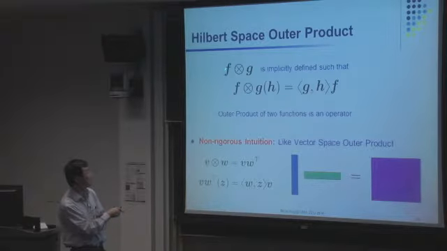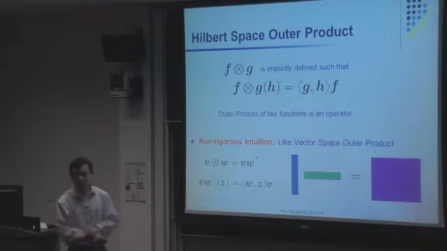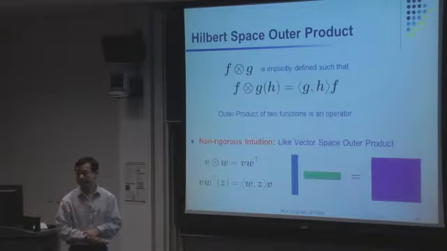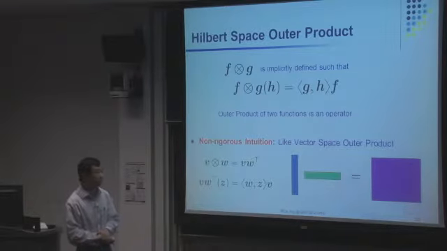If you have the outer product between f and g, then they can be redistributed. When this operator is applied to an argument h, it has this redistribution property: the first one can be moved to the front, and the second one can be inner producted with h and scale up the other one. It's just a totally algebraic preservation.